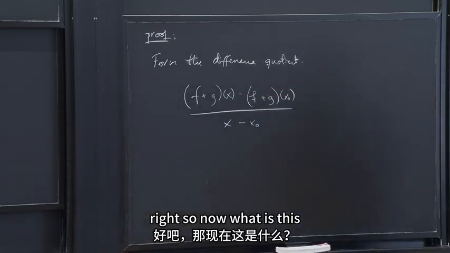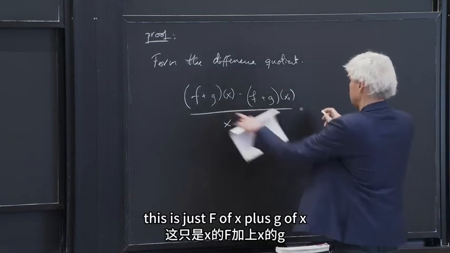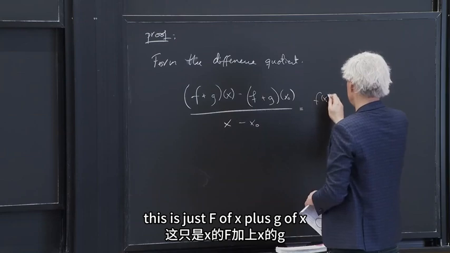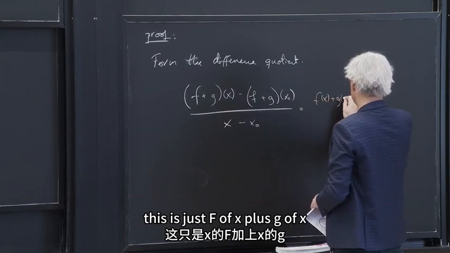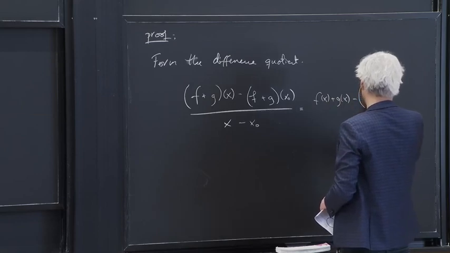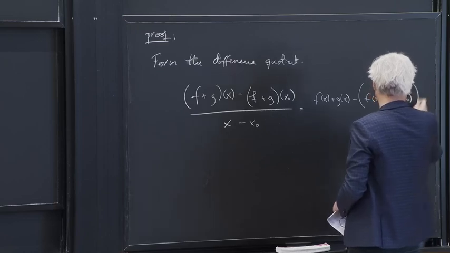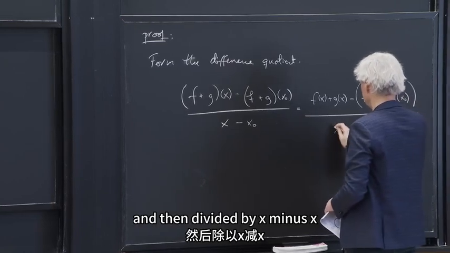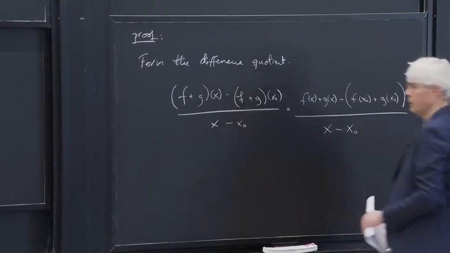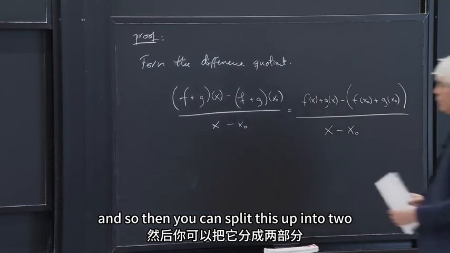Right, so now what is this? This is just f of x plus g of x minus f of x0 plus g of x0, and then divided by x minus x0. Right? And so then you can split this up into two.